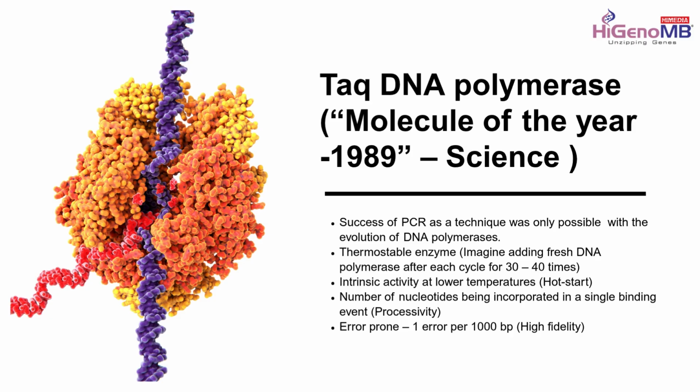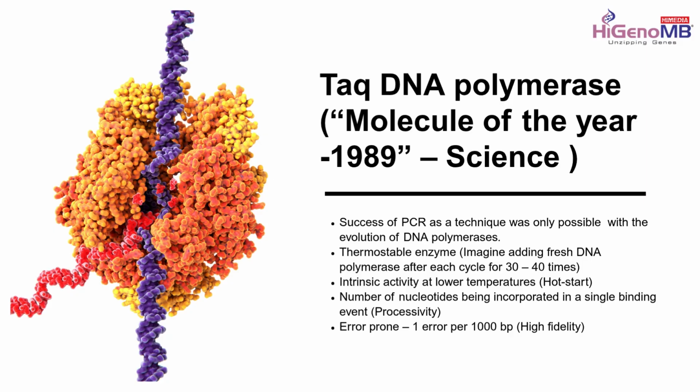So this Taq polymerase, although its activity is maximum at higher temperatures, say for example 60 degrees or 72 degrees, at lower temperatures it had some intrinsic basal activity. Because of this, there was false or non-specific amplification.